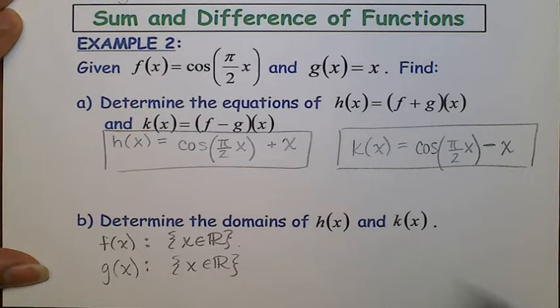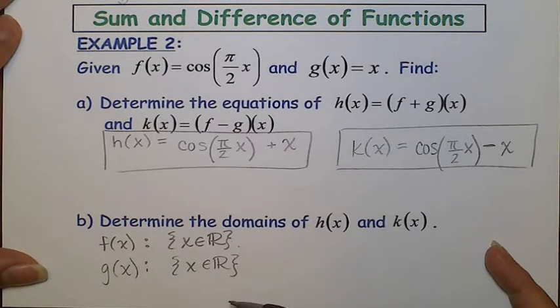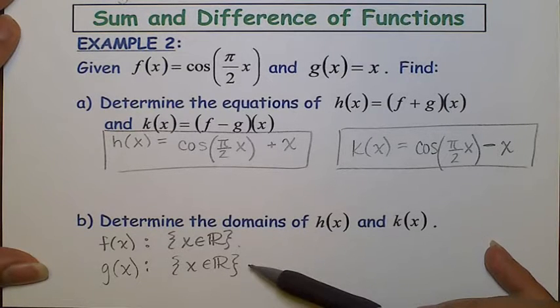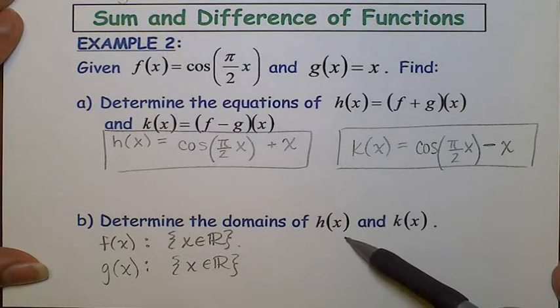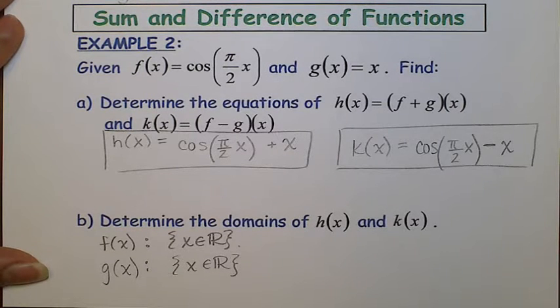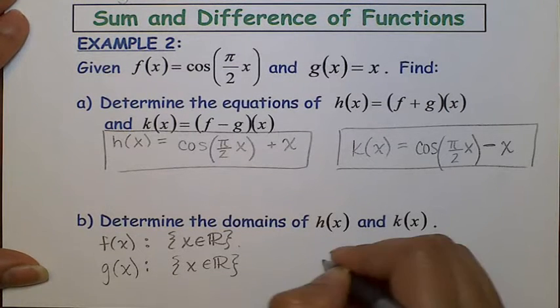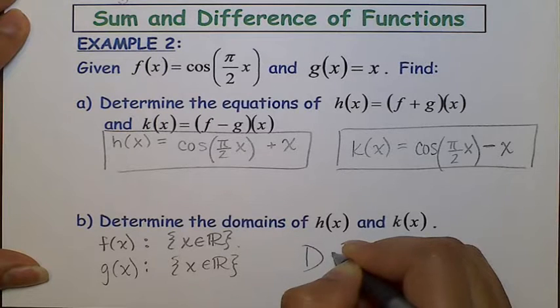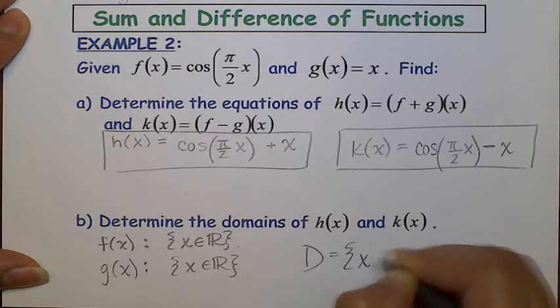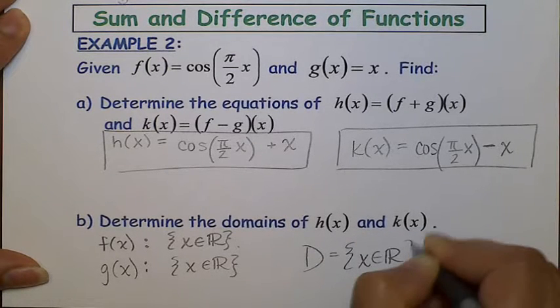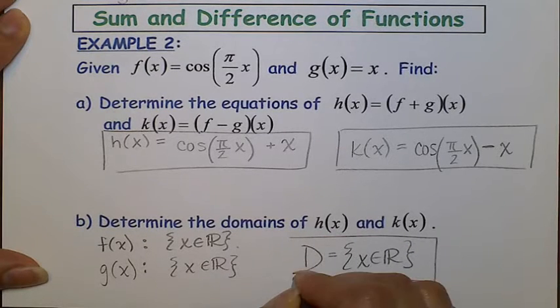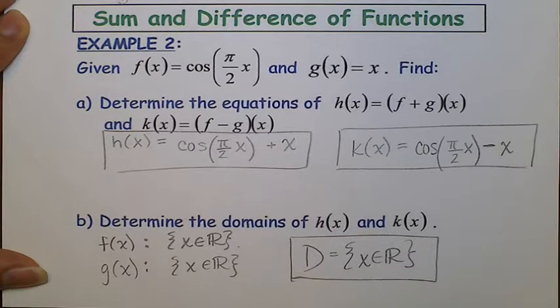Because both domains are all real numbers, the domains of the combined functions, h of x and k of x, will also be all real numbers. So the domain for h of x and k of x will also be x is an element of all real numbers. The goal is to see where they overlap. If they overlap everywhere, then that's perfect. They overlap everywhere.